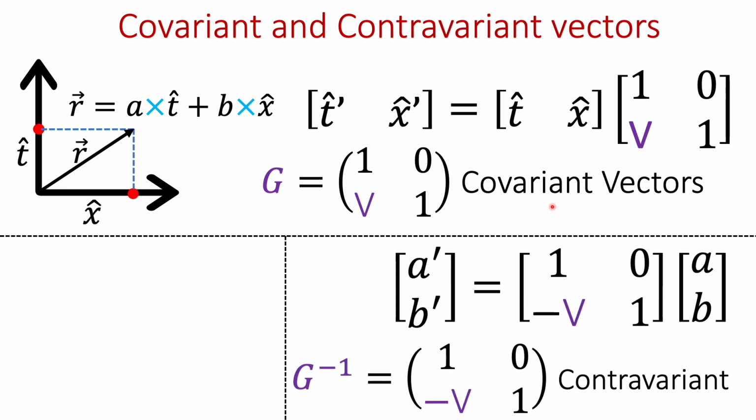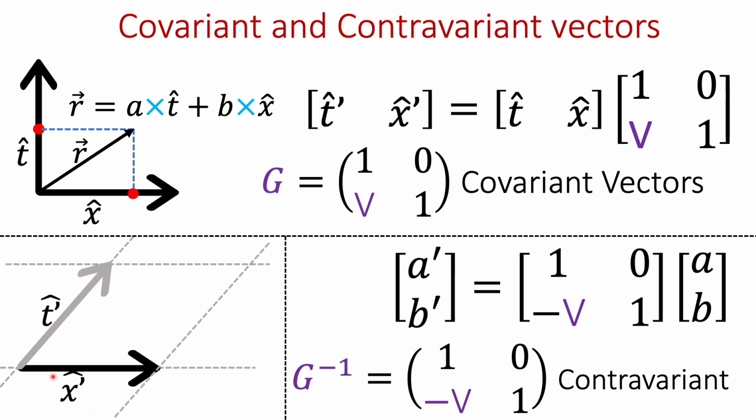Similarly, the components of the vector change from the rest frame to the moving frame using the inverse matrix, and the vectors that use the inverse matrix are contravariant vectors. In the Galilean theory of relativity, the x hat basis vector remains unchanged. Meanwhile, the t hat basis vector changes to produce the effect of Galilean relativity.